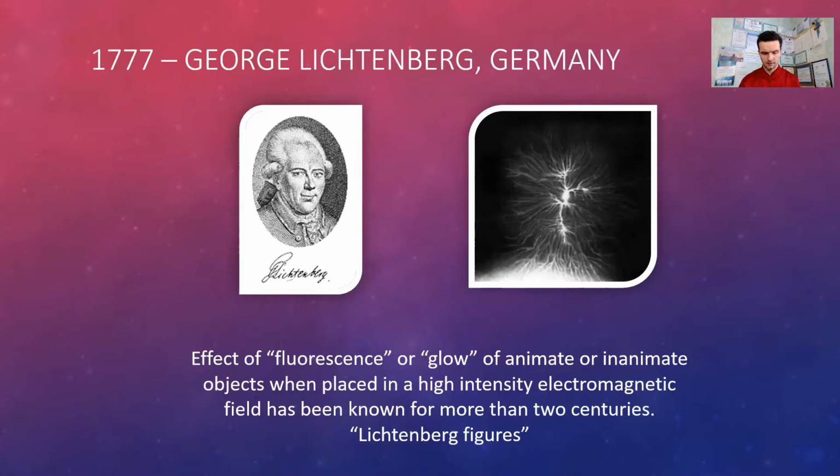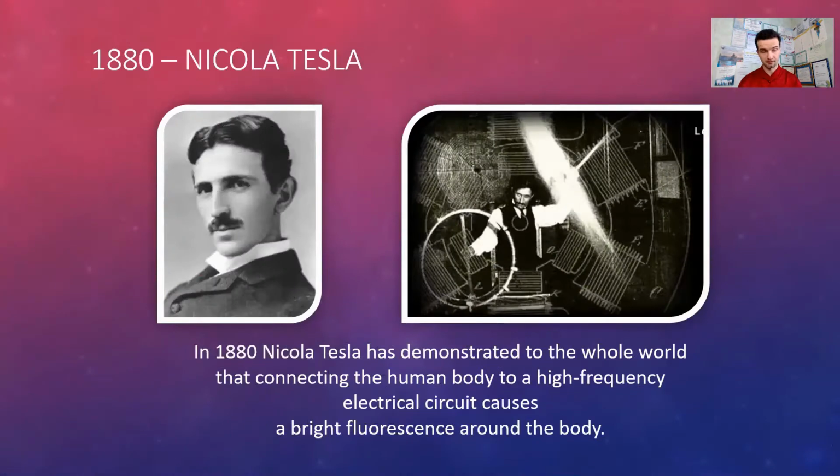Time passed by, and the next name, very popular, one century later, at the end of the 19th century, Nikola Tesla was making experiments with electricity, and you know that he was the one who made alternating current possible.